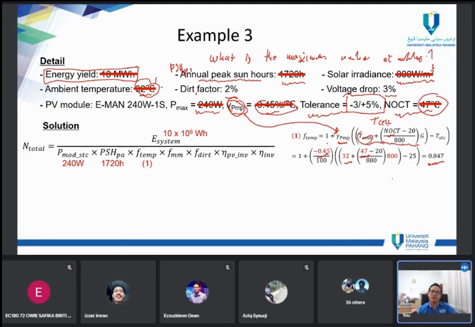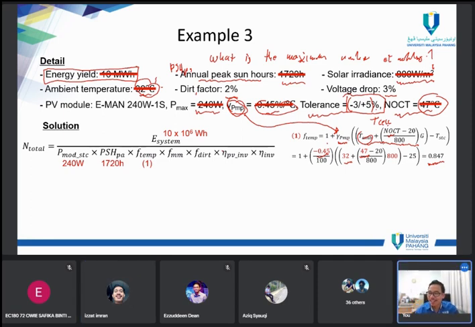Dua-dua pun dalam persen ni. Okey, aku betulkan balik. Sekejap, dia sini. Dia dalam kurungan sini. Dua-dua pun both are percent. Means one is minus 3% and the one is plus 5%. Okay, let's say we choose the minus 3%. The reason is why? What is the reason? Tak pasti lah, doktor.